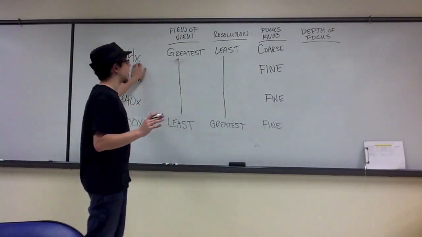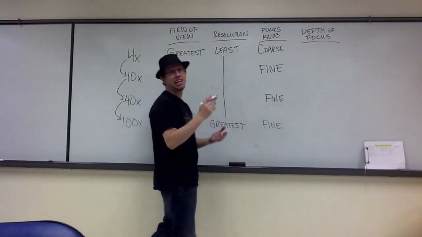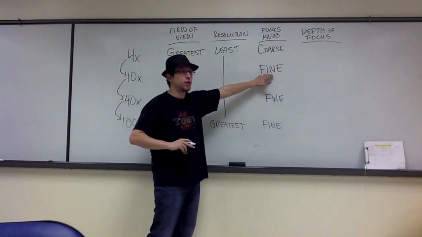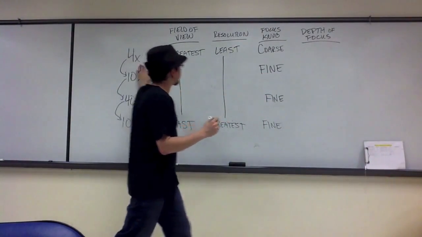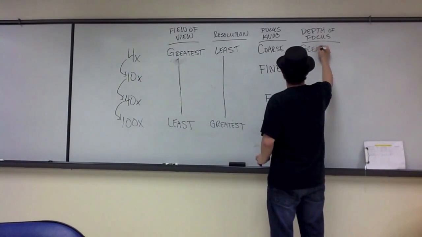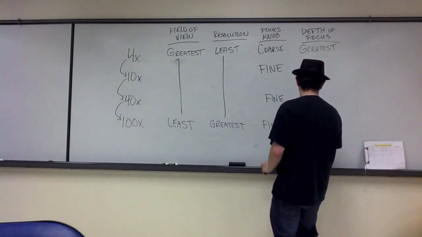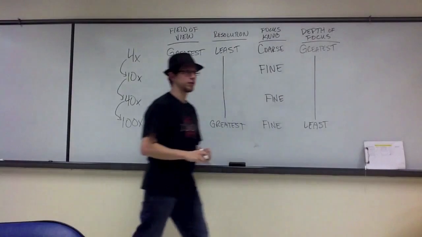Whereas with 4x, we're making coarse or really drastic adjustments to bring it into focus. And once it's in focus, if you turn that fine focus adjustment knob, the sample really doesn't go out of focus. So the 4x objective is going to have the greatest depth of focus, while the 100x objective is going to provide us with the least depth of focus.